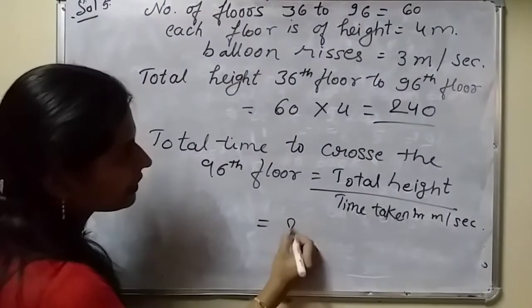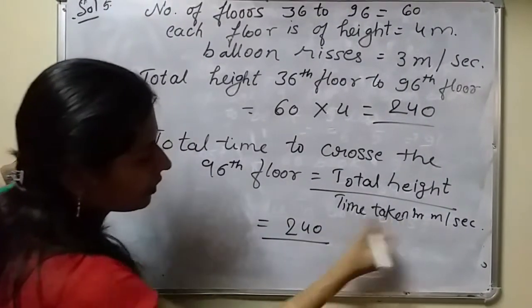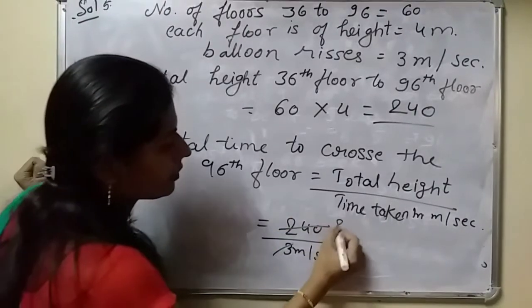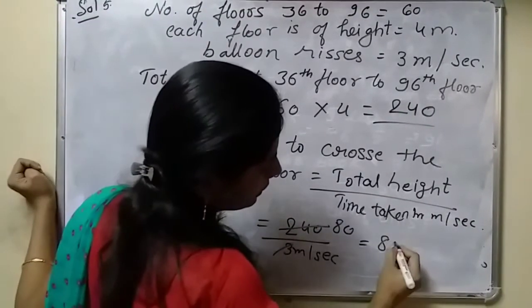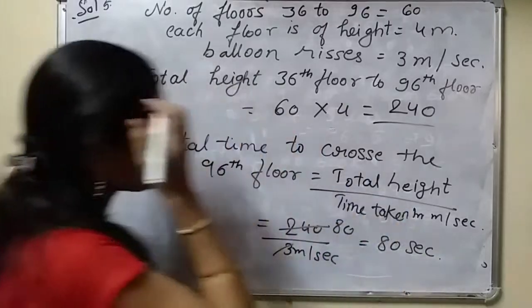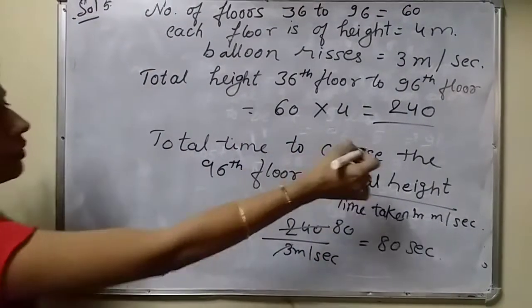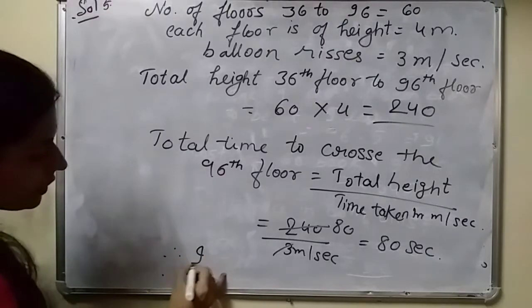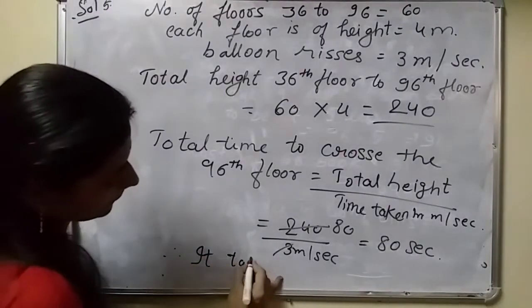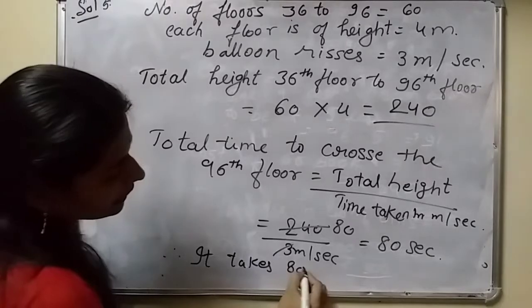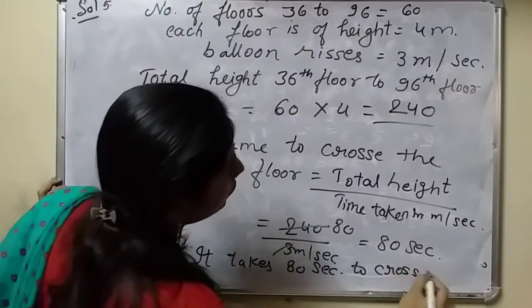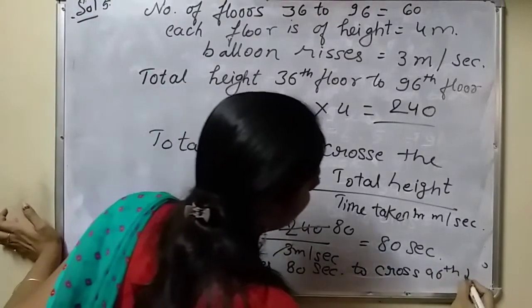It means 240 upon 3 meters per second, means 80 seconds. Now see, the total time to cross the 96th floor is equal to 80. Therefore it takes 80 seconds to cross the 96th floor.